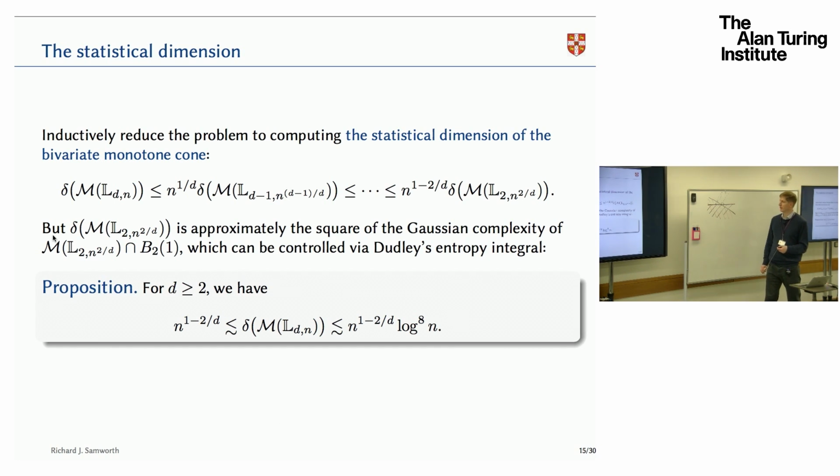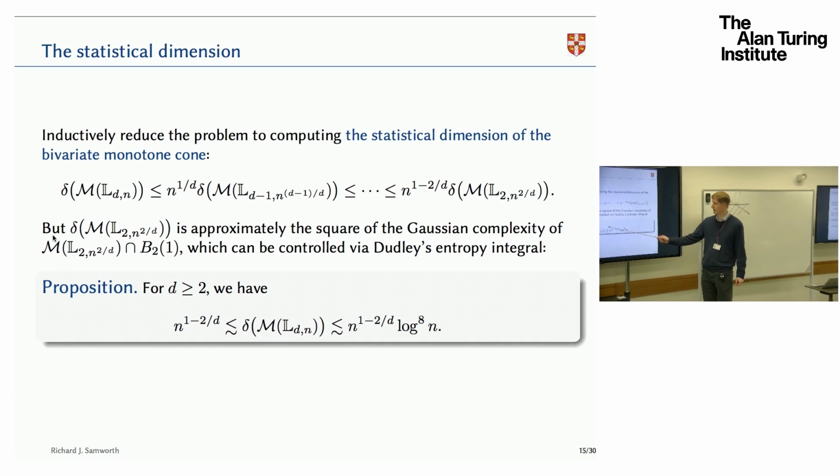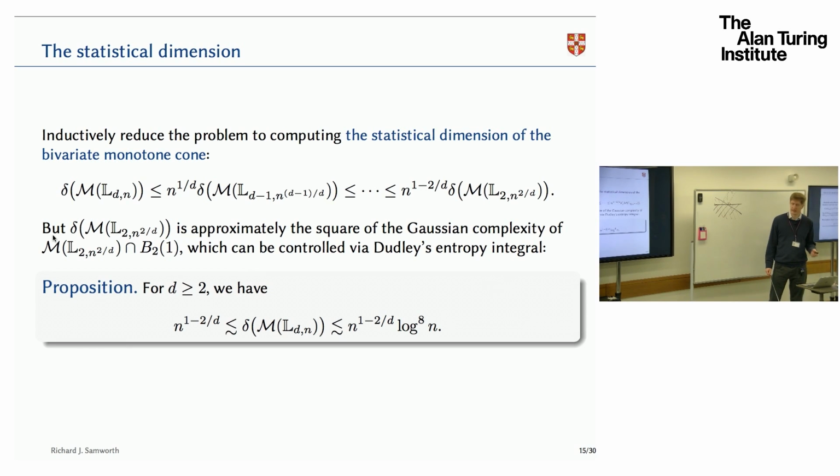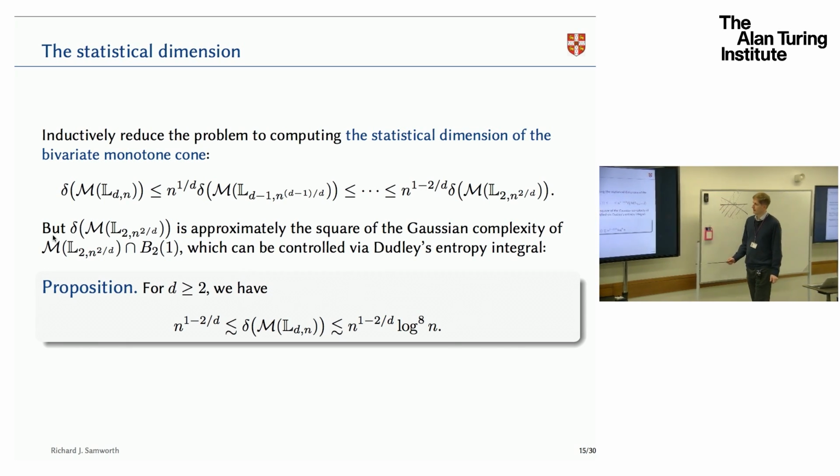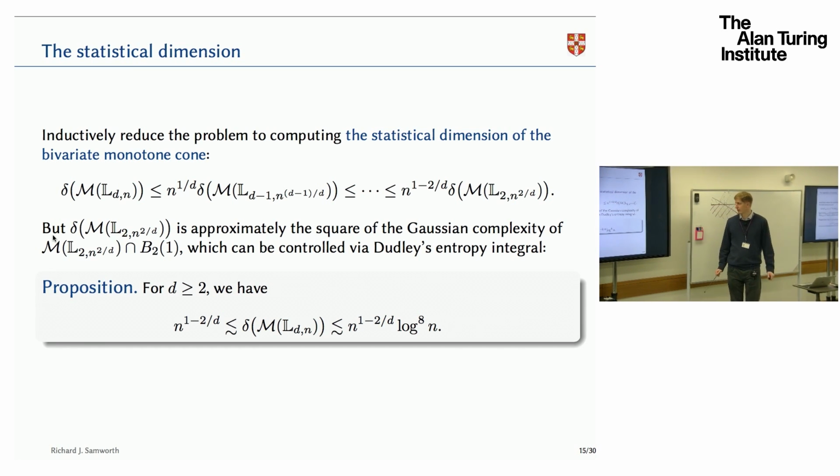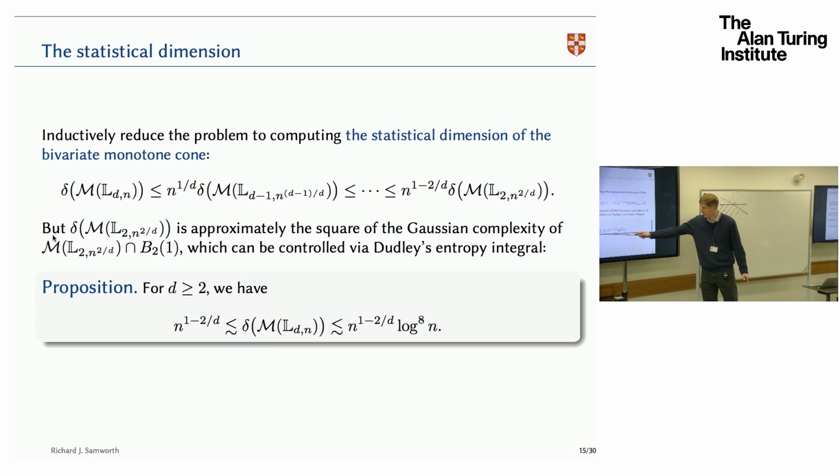And so we have the following result, that the statistical dimension of the monotone cone in d dimensions, of the cubic lattice in d dimensions, I should say, is essentially n to the 1 minus 2 over d. So the squiggles on the bottom here are disguising universal constants.